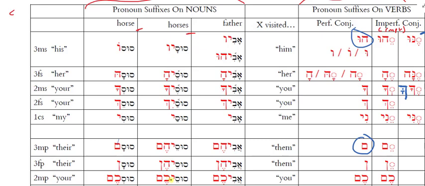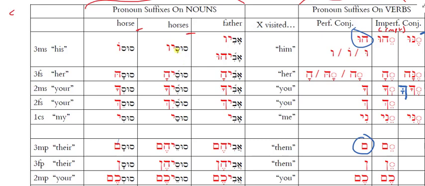Okay? And so when you look at that kametz vav yod, don't worry so much about this form compared to this one in terms of the a vowel over here, but do realize that yod is signaling to you that whatever this 3ms pronoun is attached to, it's masculine plural. It's plural. Okay, that's what the yod is telling you.